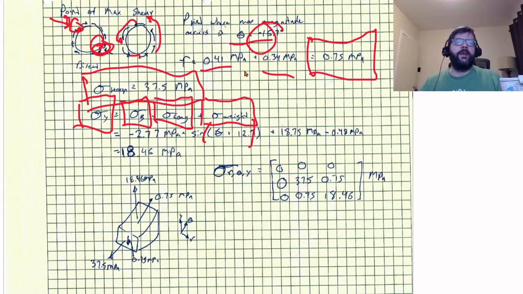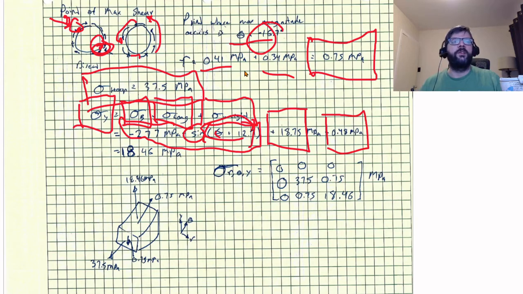That ends up being a slightly negative value, which means our sine is slightly negative, so this overall term is slightly positive. But it's not much. And then the 18.75 and the negative 0.48 megapascals, giving us a final stress value in the y direction of 18.46 megapascals.